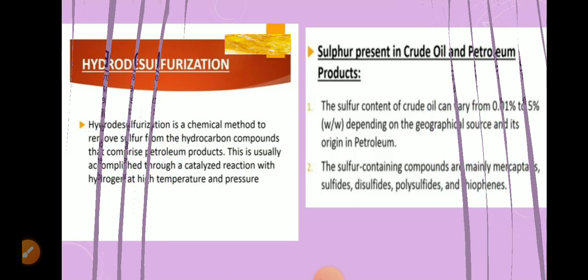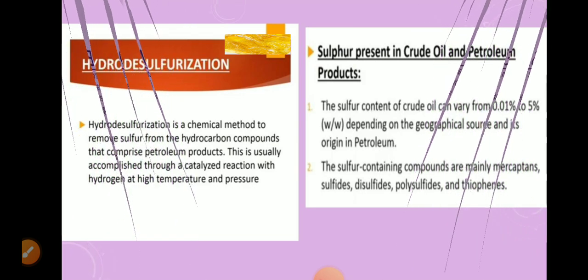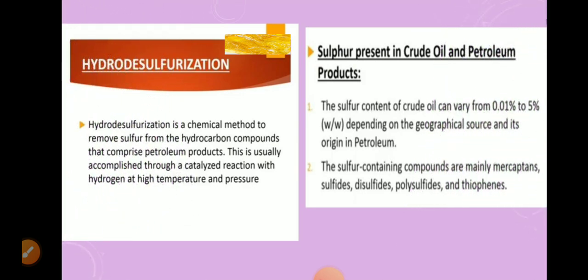First is hydrodesulfurization. Hydro means hydrogen, de means removal, sulfurization means sulfur. So hydrodesulfurization is a chemical method to remove sulfur from the hydrocarbon compounds that comprise petroleum products. This is usually accomplished through a catalyzed reaction with hydrogen at high temperature and pressure. It means we use hydrogen to remove sulfur from the petroleum products.